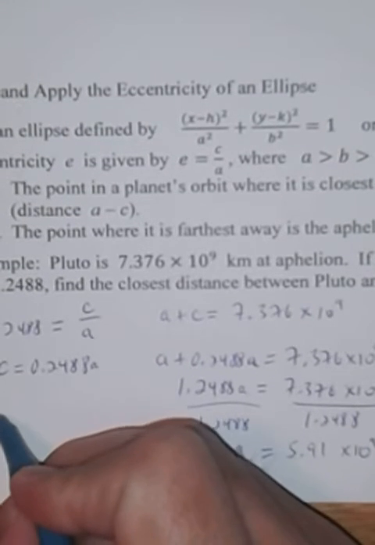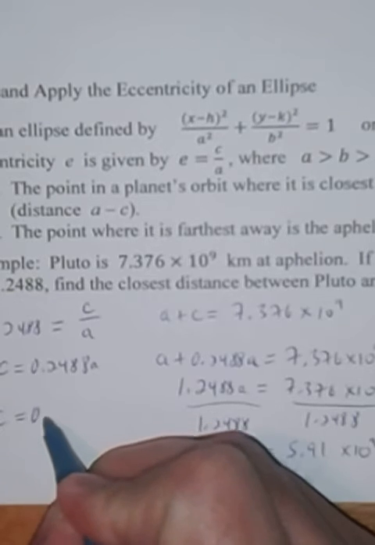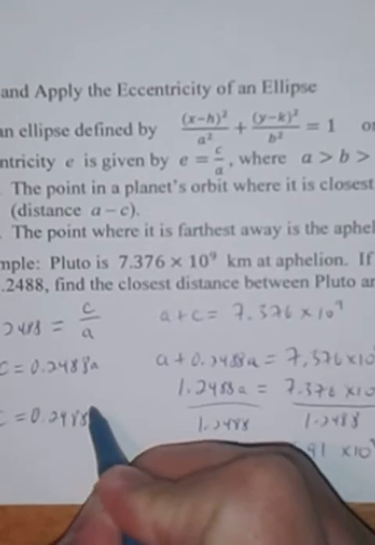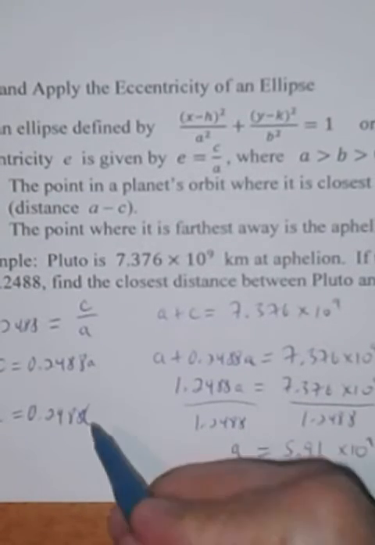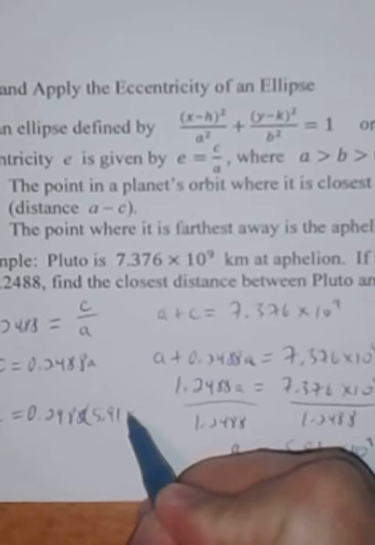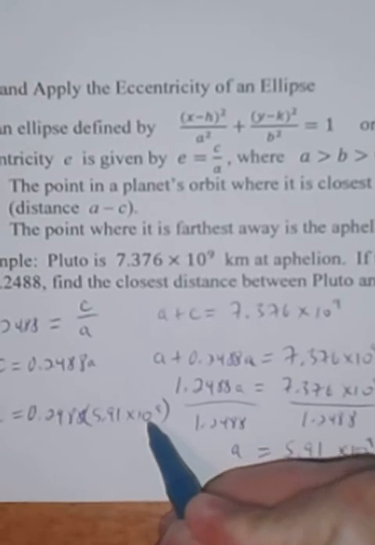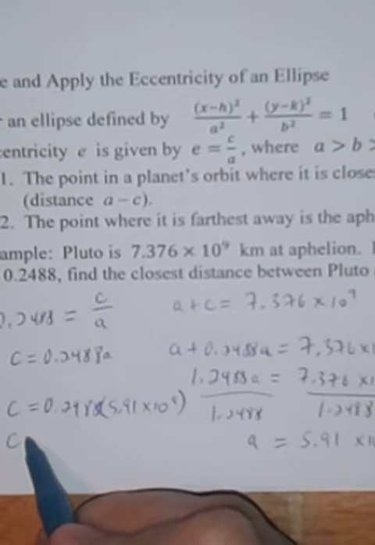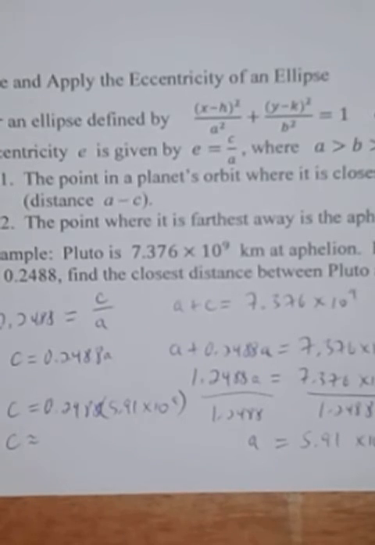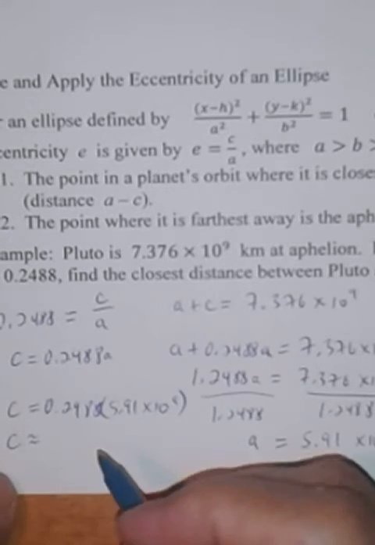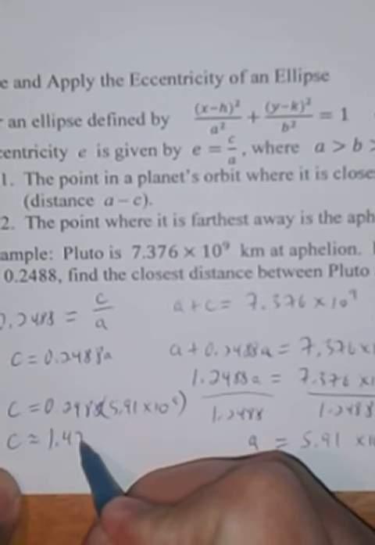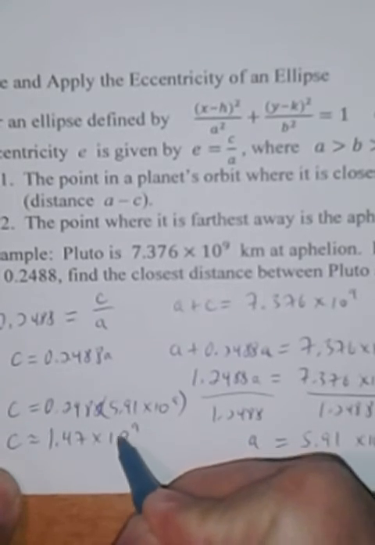So c is 0.2488 times a, which is 5.91 times 10 to the 9th, and I get c is about 1.47 times 10 to the 9th.